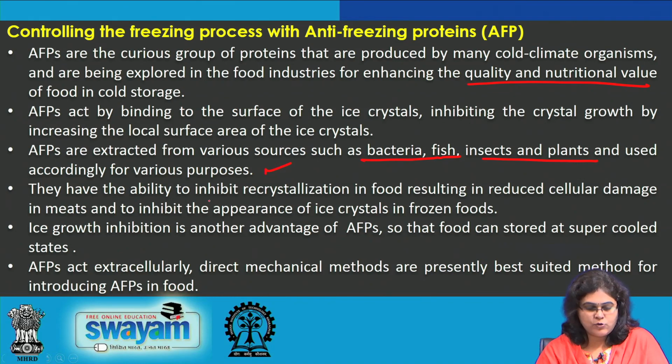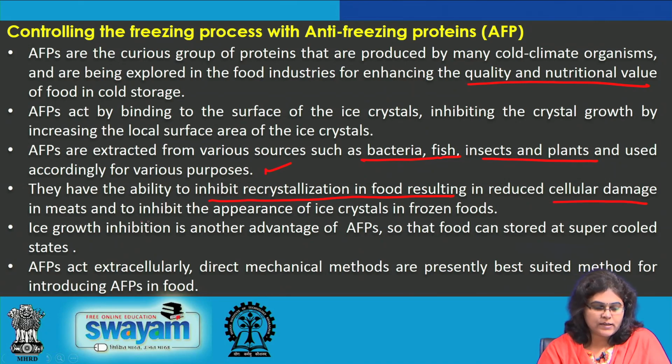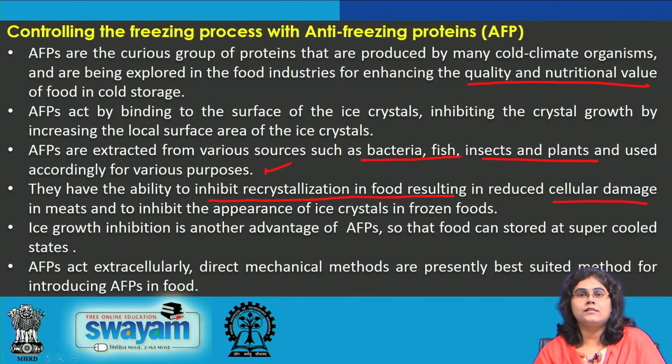They have the ability to inhibit recrystallization in food, resulting in reduced cellular damage in meats, and to inhibit the appearance of ice crystals in frozen products. Ice growth inhibition is a very important advantage of antifreeze proteins, so that the food can be stored at supercooled states for a longer period.